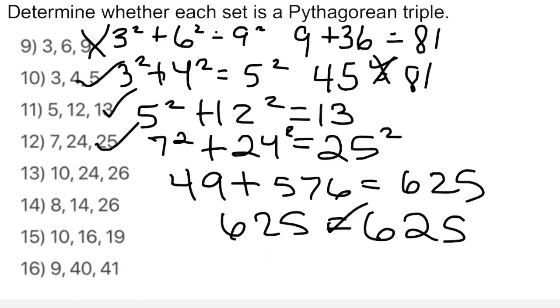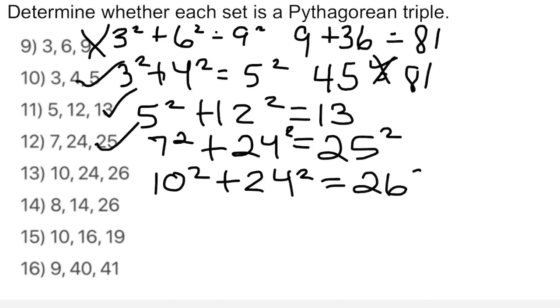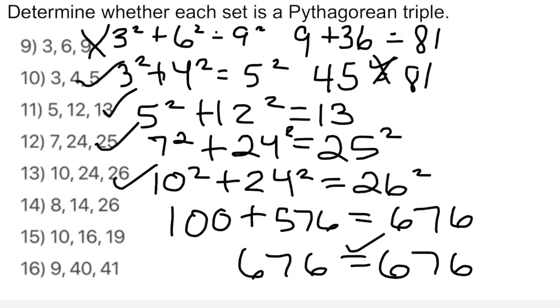Pause the video and try number 13 on your desk. 13 is 10 squared plus 24 squared equals 26 squared. 10 squared is 100. 24 squared is 576. 26 squared equals 676. 100 plus 576 is 676 equals 676, which it does, so number 13 is a Pythagorean triple.